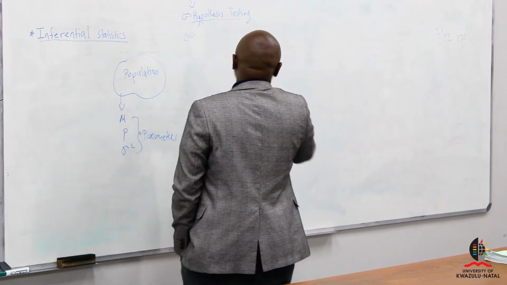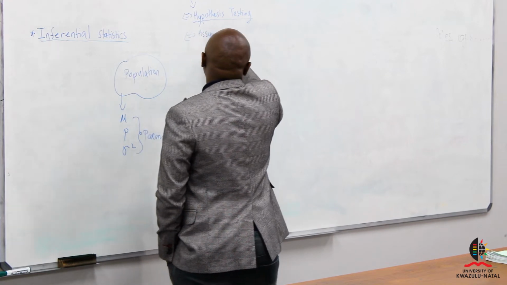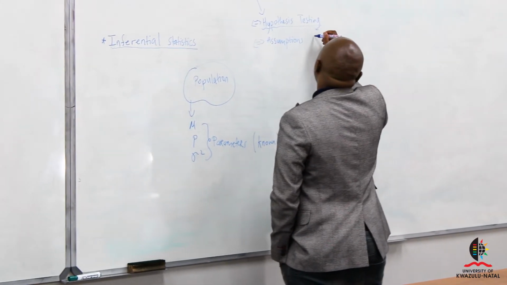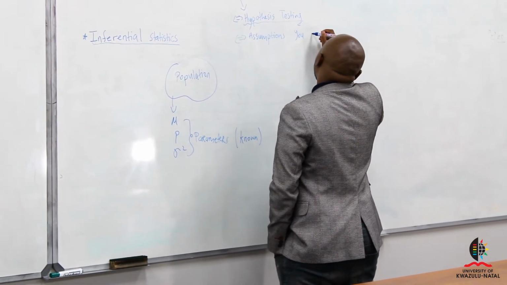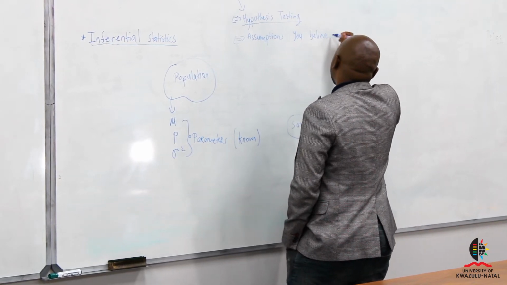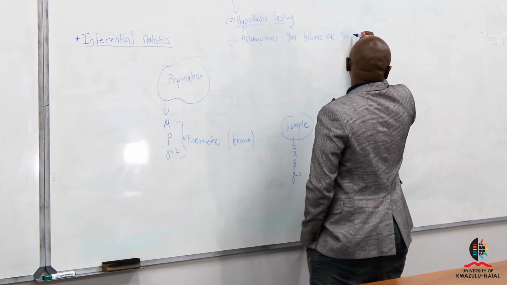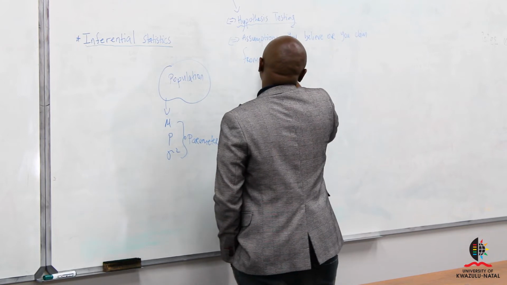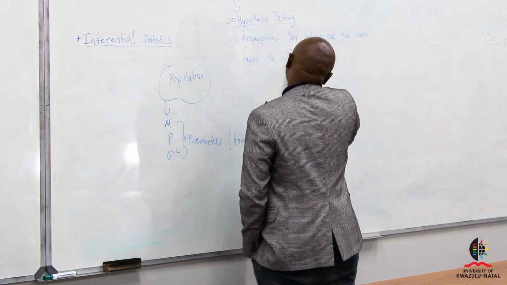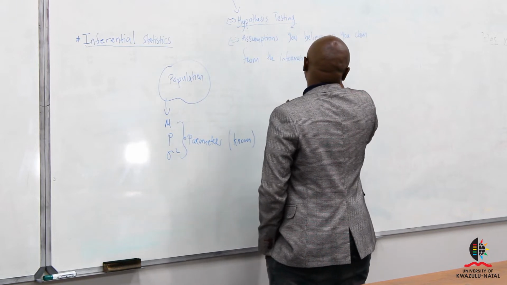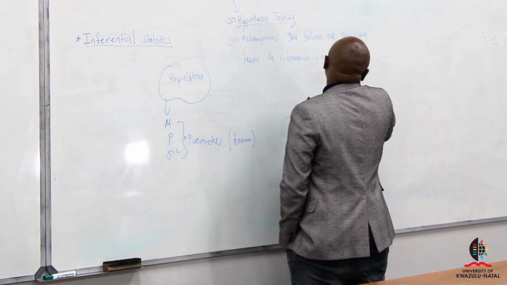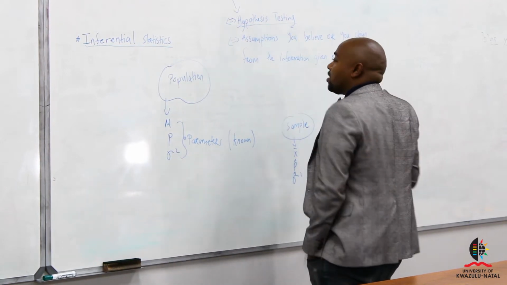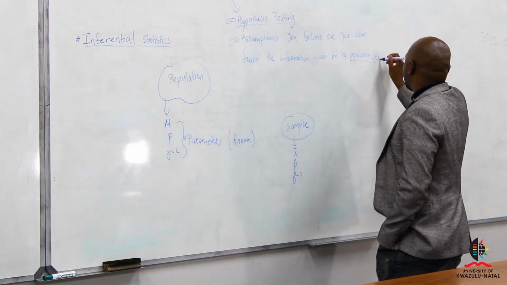These are claims, these are assumptions you believe or you claim from the population, from the information given on the population. So these are claims made from the parameters.